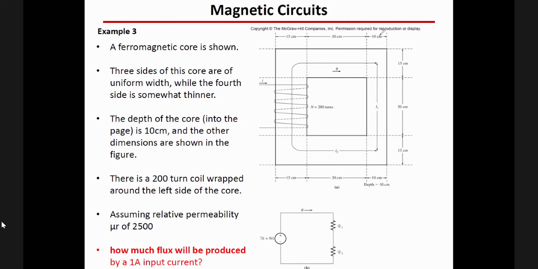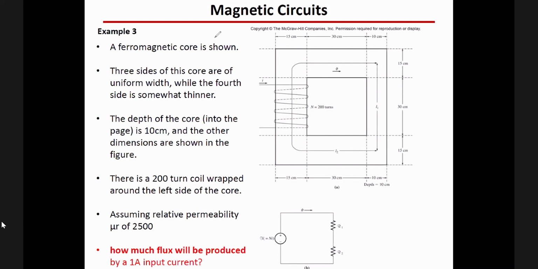So I'm going to start this. We might not have enough time to solve the whole example, but just to get an idea. It's a little bit more complicated. Why? Because now you need to calculate the length and the cross-sectional area, and to do this you need all the dimensions you have in the magnetic core. So a ferromagnetic core is shown.